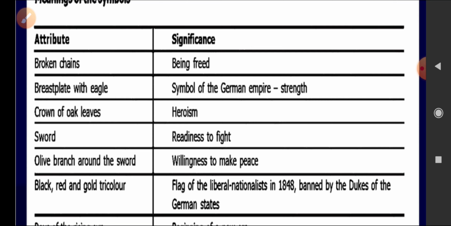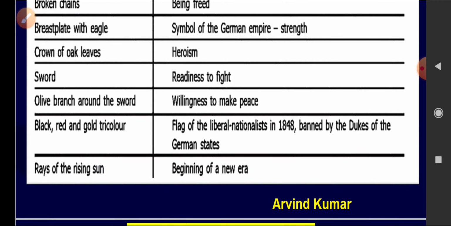You might see all these symbols, and their significance is shown in this next slide: broken chain, breastplate with eagle, crown of oak leaves, sword, olive branch around the sword, black, red and gold tricolor, rays of the rising sun.